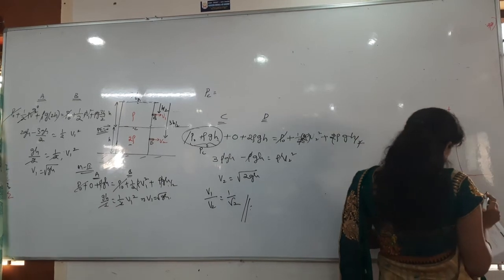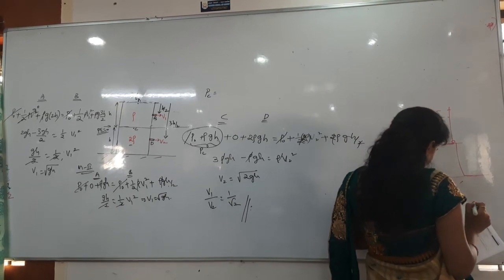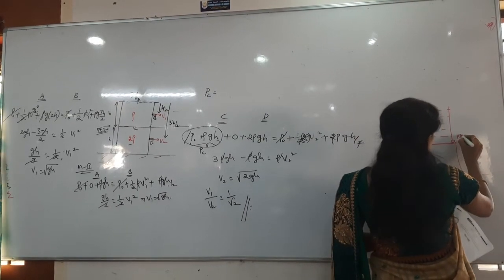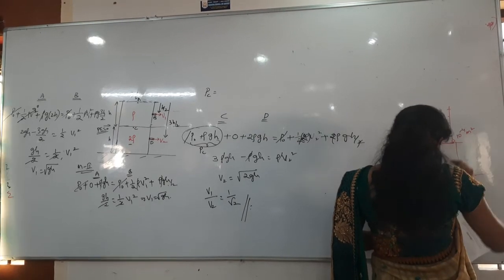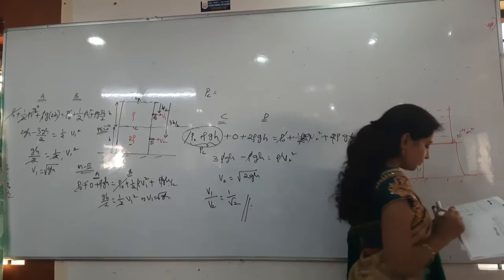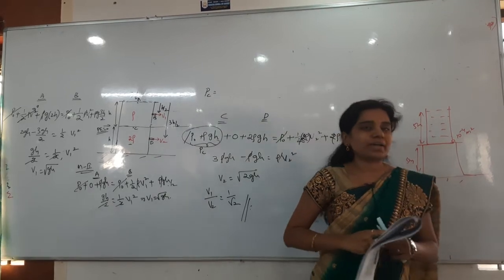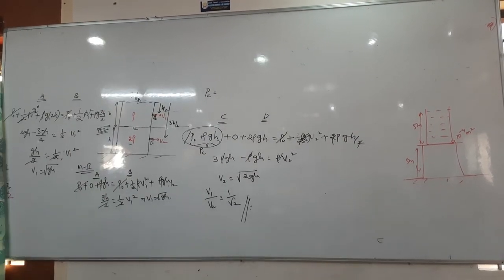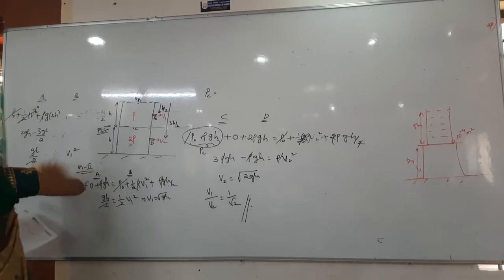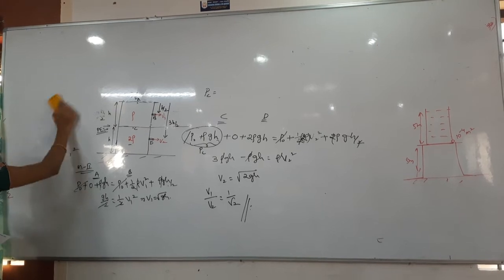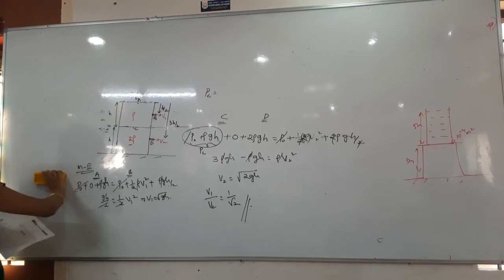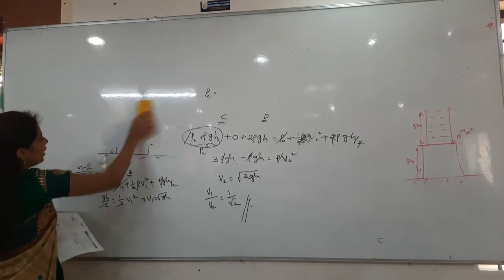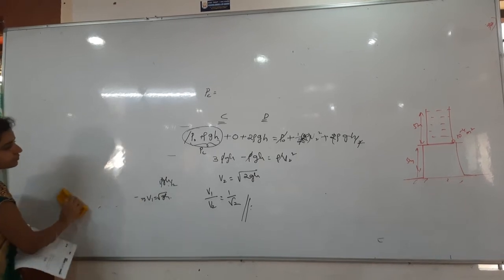A small hole of area 10 power minus 4 meter square is open at the bottom of the tank.